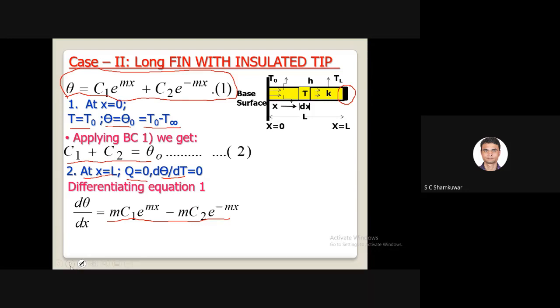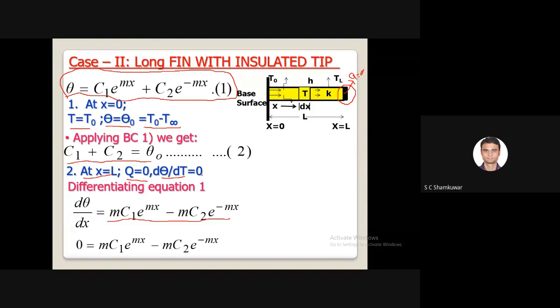Again, we are referring to the case where the fin is long enough with the other end insulated. So through this end, Q will be 0, at a distance x is equal to L, and there will be no heat transfer. Therefore, d theta by dx will be 0.